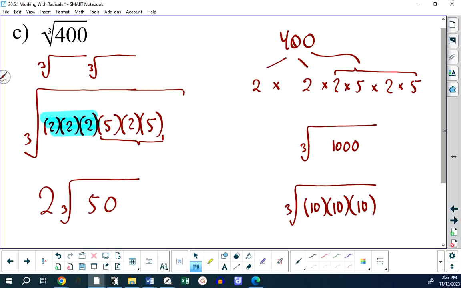And 8 goes into 400 50 times. 8 times 50 is 400. And the cube root of 8 is 2, so 2 cube root 50. But imagine it was the 5th root, and I'm going to say, okay, what's a perfect degree 5 number that divides in? I don't think too many people will get that.